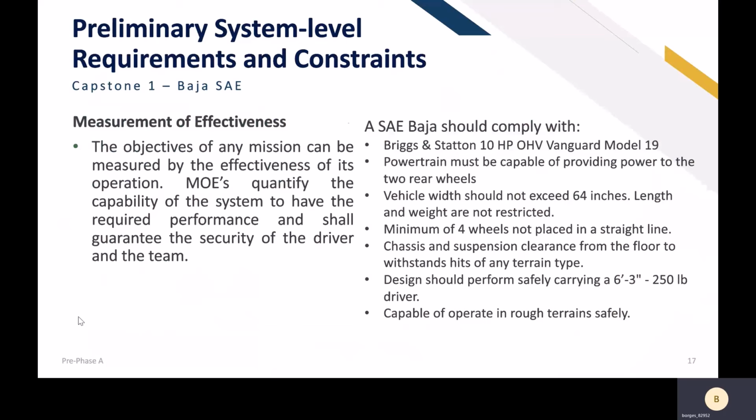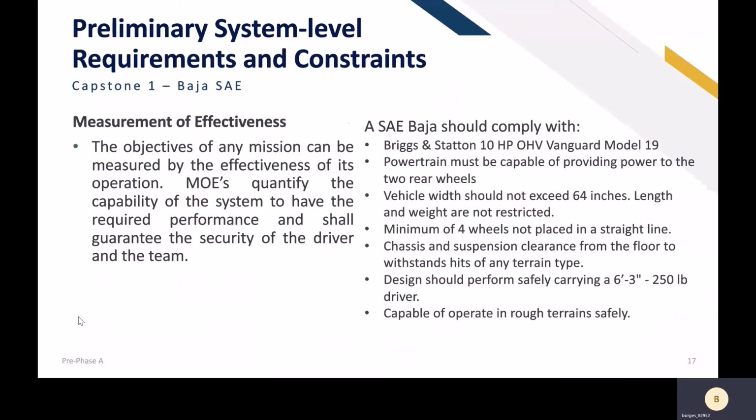In this competition, we will use a Briggs & Stratton 10 horsepower OHV Vanguard Model 19. It will be a 4-cycle motor and it cannot be modified. The powertrain must be capable of providing power to the 2 rear wheels. For the 2023 competition, it will be obligatory to have a 4-wheel drive vehicle.